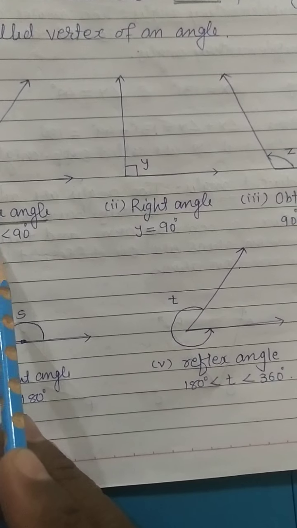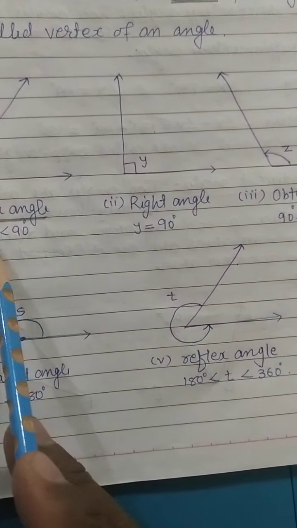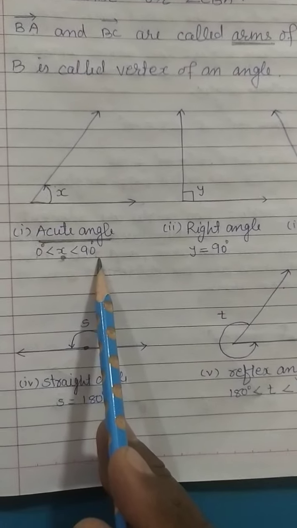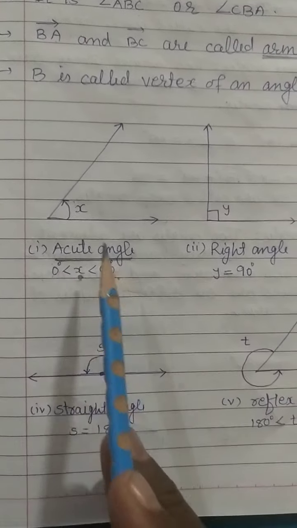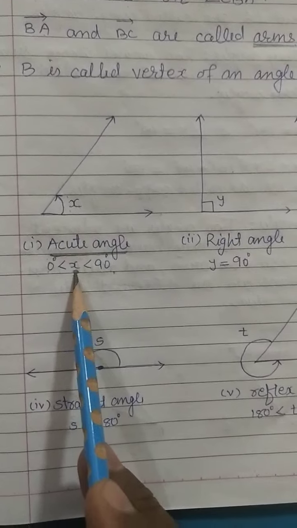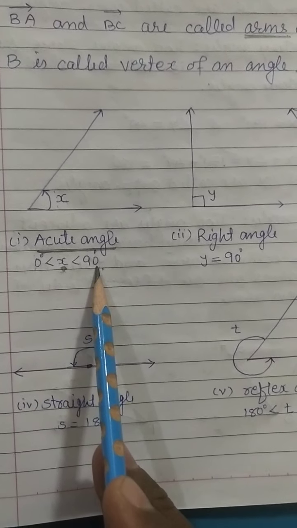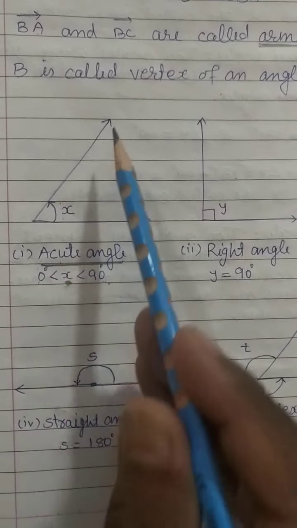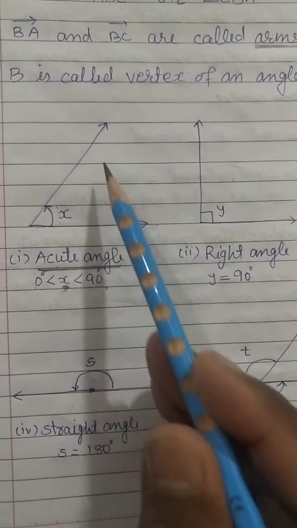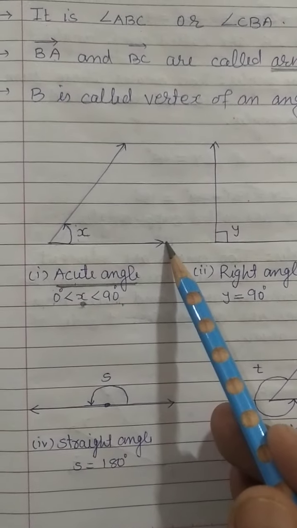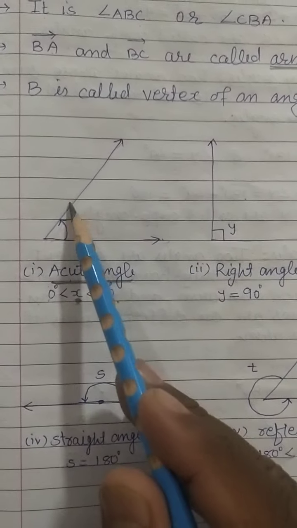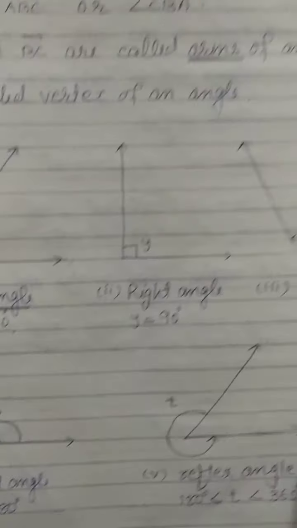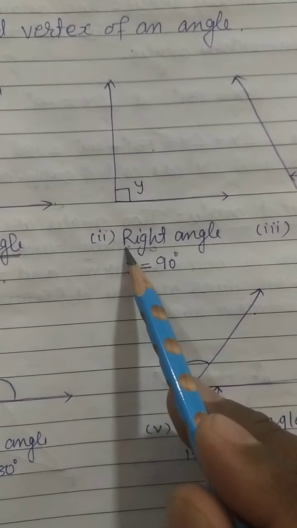If the measurement of an angle x lies between 0 and 90, it is said to be an acute angle. Right? Like this. If you check this angle with the help of a protractor, you can find the angle is less than 90 degrees. Okay.